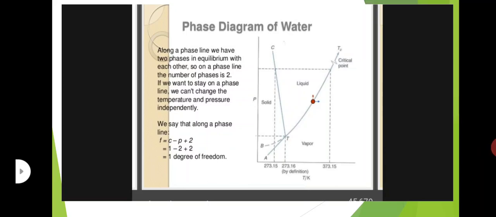Along a phase line, we have two phases in equilibrium with each other. So on a phase line, the number of phases is 2. If we want to stay on a phase line, we can't change the temperature and pressure independently. At one equilibrium line, we are having two phases.